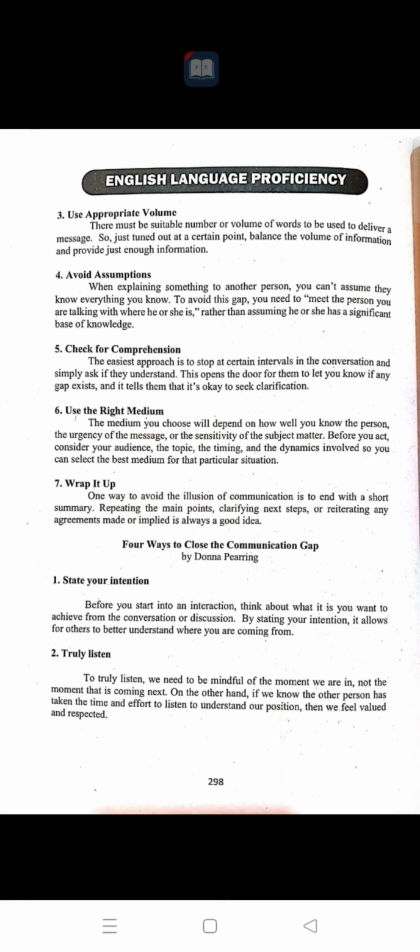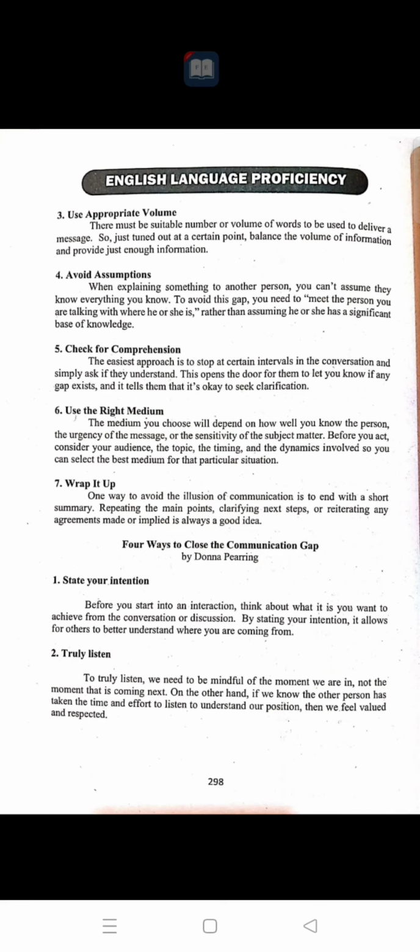So, kapag katapos nilang mag-discuss ng 3 procedures, titigil sila doon at a certain interval, para itanong yung kanyang mga listeners or yung kanyang klase, naintindihan nyo ba? Nakakasunod ba kayo? Are there any questions? So, that is also a good strategy para ma-avoid po natin yung tinatawag natin na communication gap.